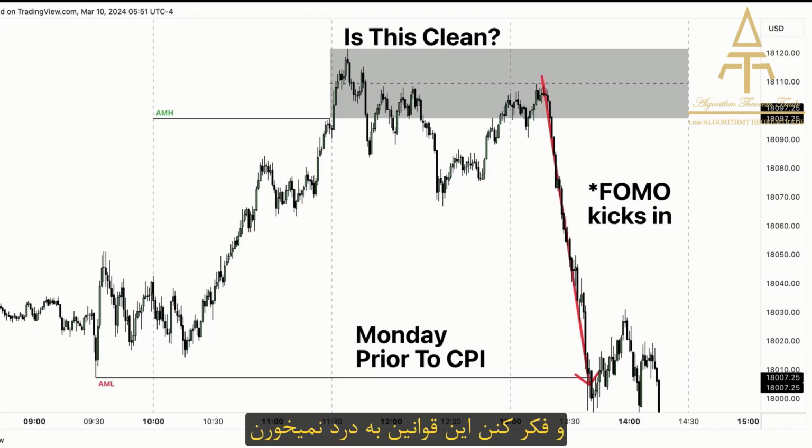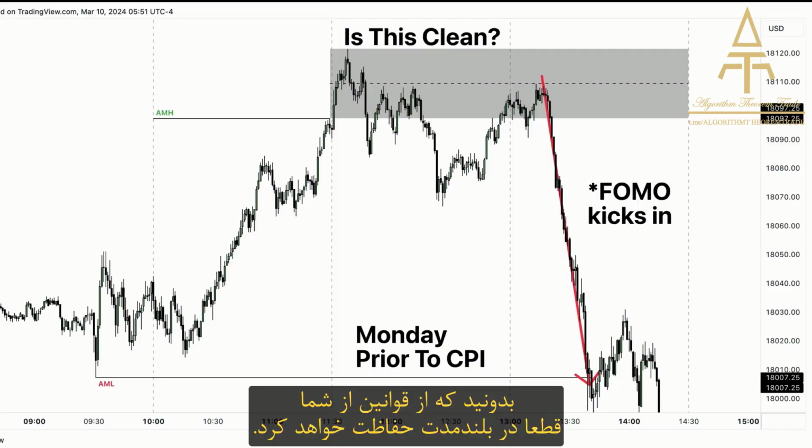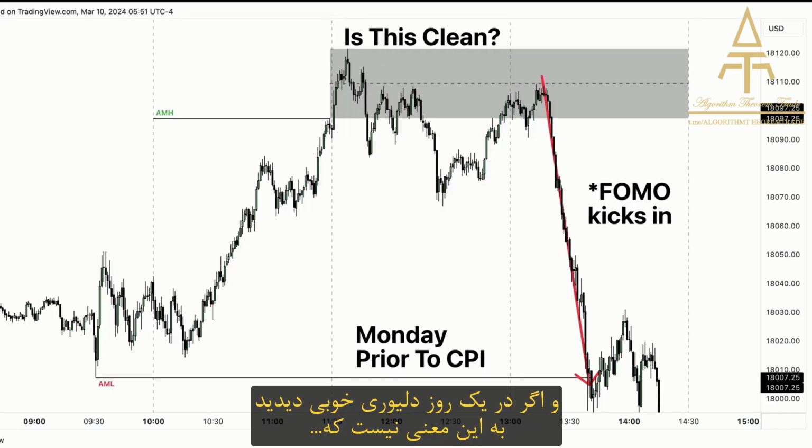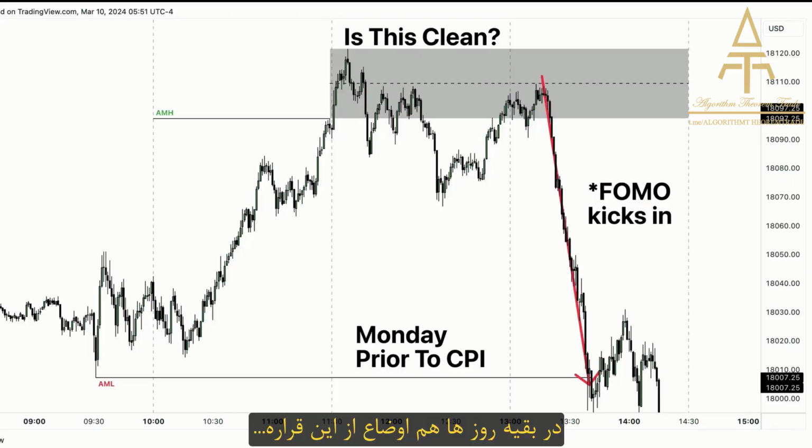And then you think I'm wrong, and you think that the rules, the logic that I'm using doesn't work, etc. Well, I'm telling you, this logic is what keeps you out of the mess in the long run. And one day of okay delivery doesn't mean that you can then expect that same delivery to occur on every single day that has the same environment.